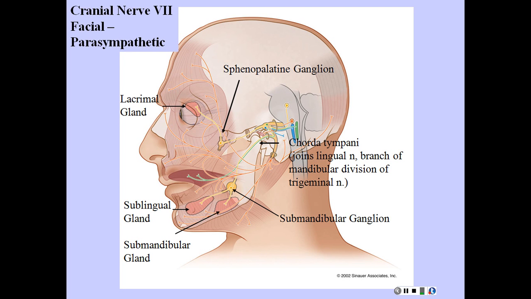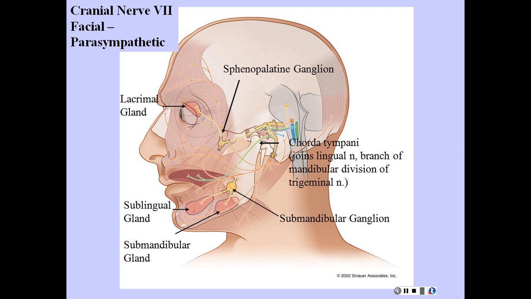There are different ganglia that we're going to see that are associated with these two salivary glands, or the one ganglion up here associated with the lacrimal gland. But the bottom line is that when you think about the activity of these glands, there is a component traveling with facial and ultimately getting there via these different ganglia that they branch into.